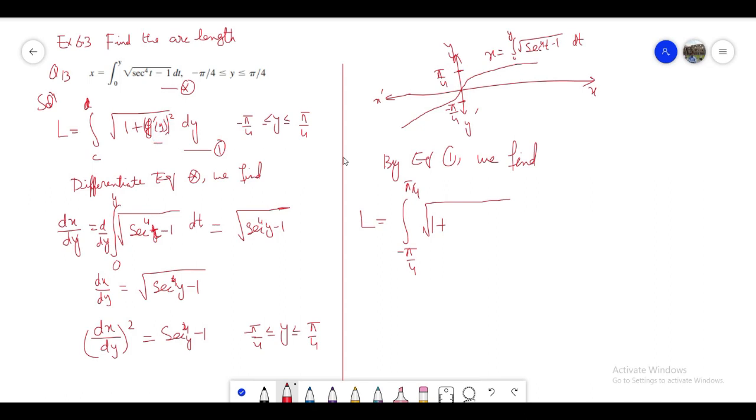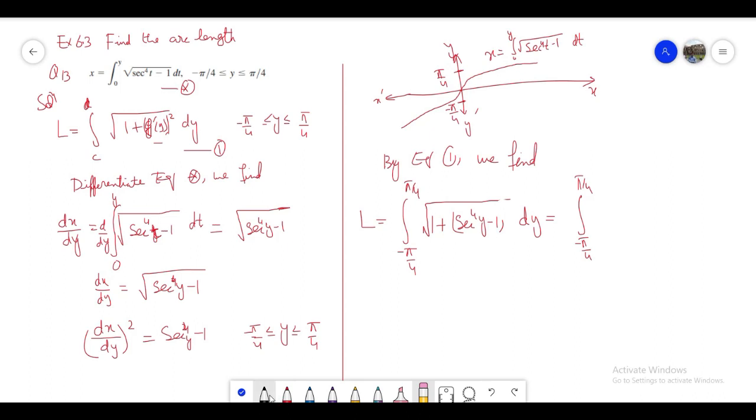So this has come as secant raised to power 4 y minus 1 whole squared because of this definition. The definition is from c to d square root of 1 plus g dash of y whole squared dy. Sorry, this squared will not come, this one.